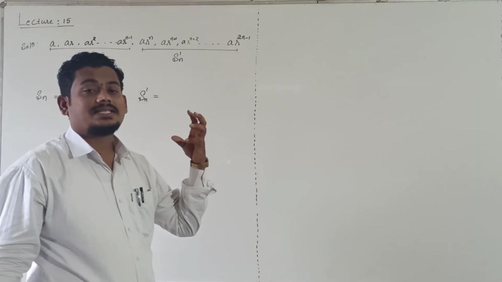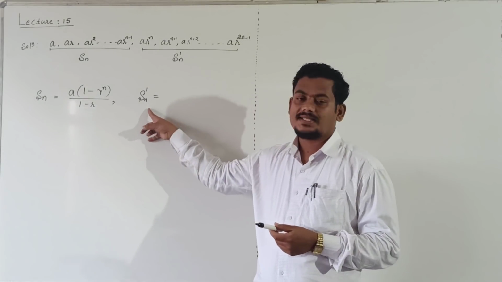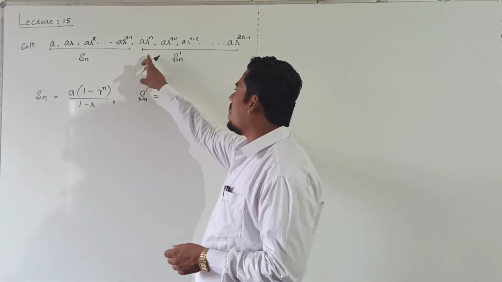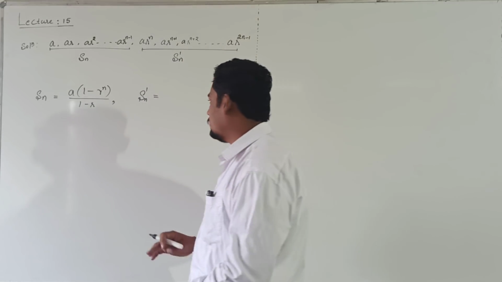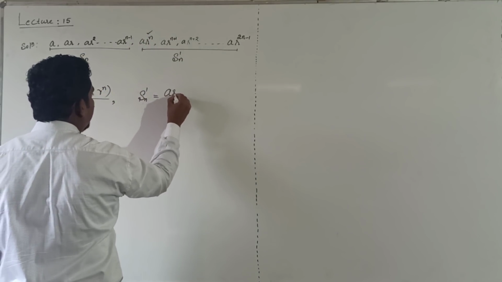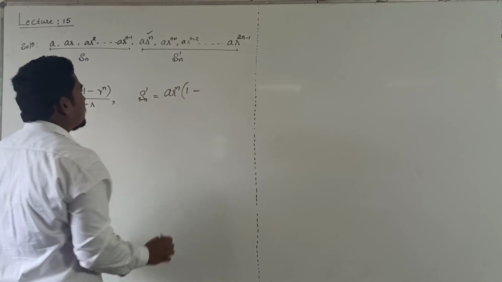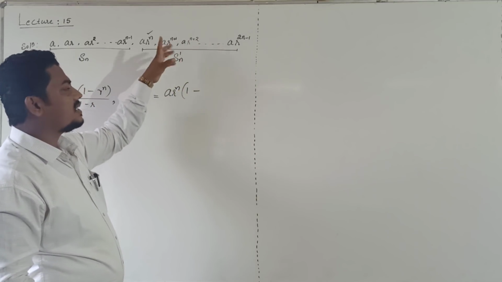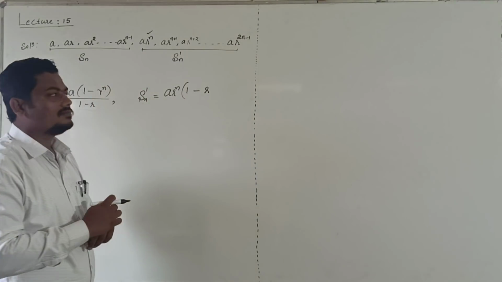Sn dash is the sum of the terms from n plus 1 to 2n. From n plus 1 to 2n again we have n number of terms. In this case, ar power n is the first term. Here also, what is the common ratio? If you take a term divided by its previous term, again we get r. In this case also, the common ratio is r.